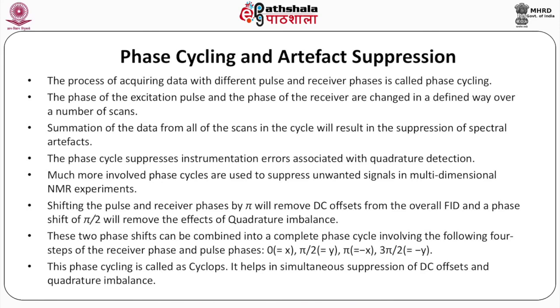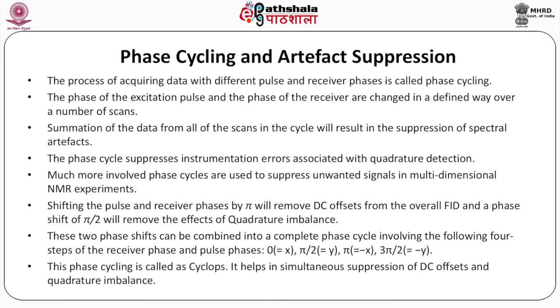Much more involved phase cycles are used to suppress unwanted signals in multidimensional NMR experiments, where this is a usual fare. Shifting the pulse and receiver phases by pi will remove DC offsets from the overall FID, and a phase shift of pi by 2 will remove the effects of quadrature imbalance.